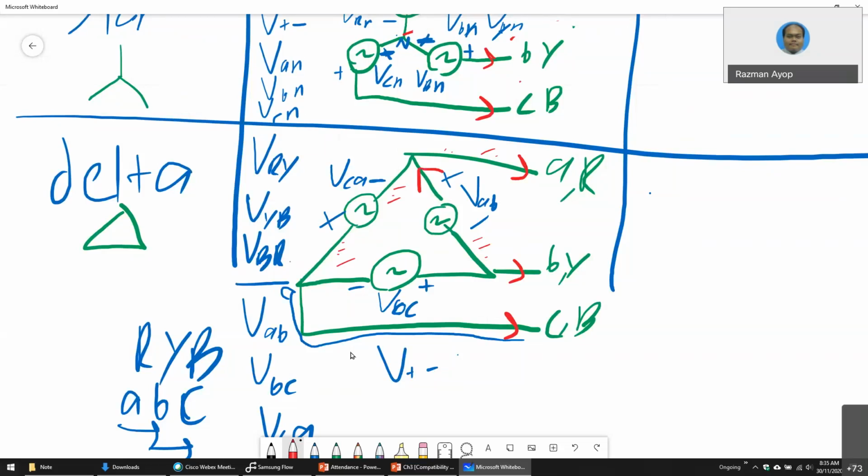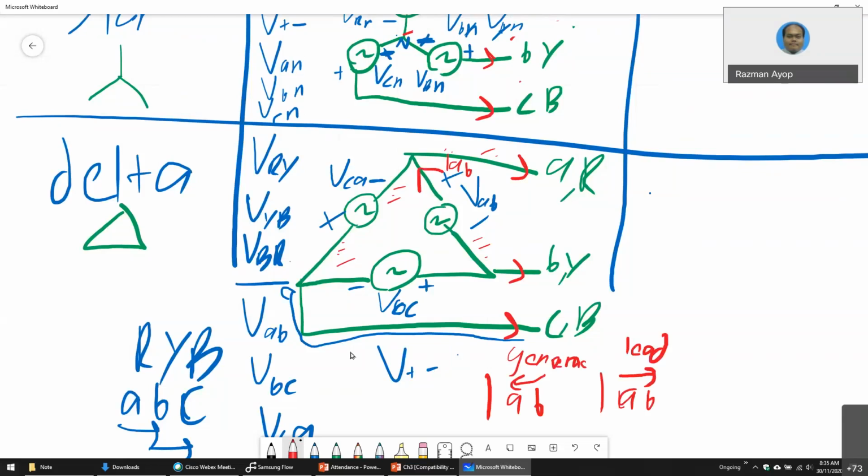So this one is IAB. For a generator, IAB is current moving from B to A. This is for a generator. For a motor it is different. This is a generator. This one is load.